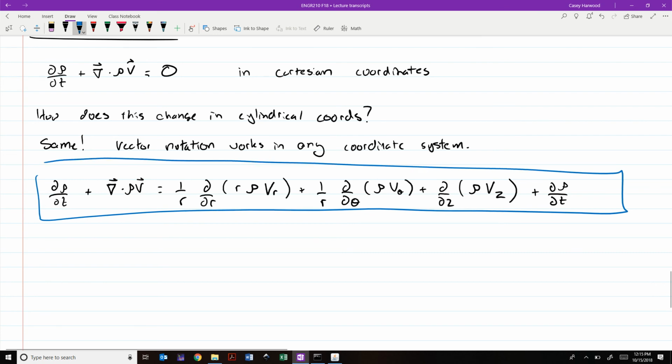And that's our continuity equation written out in expanded form for cylindrical coordinates.